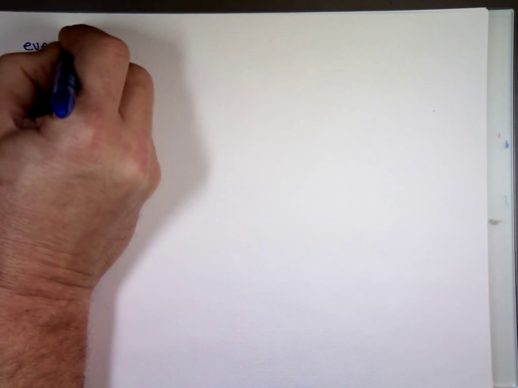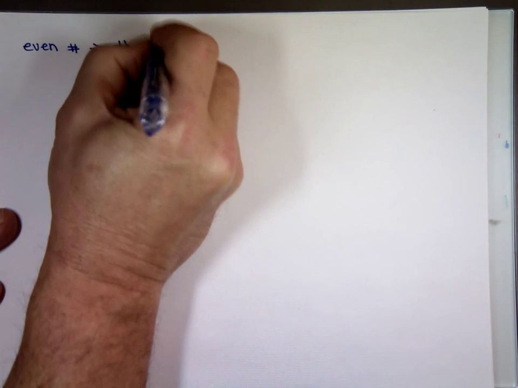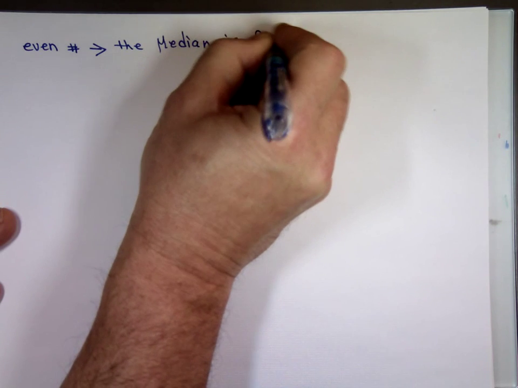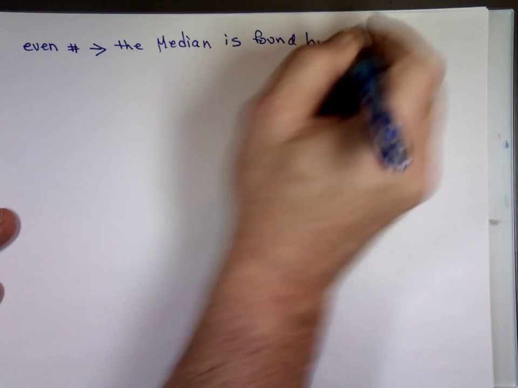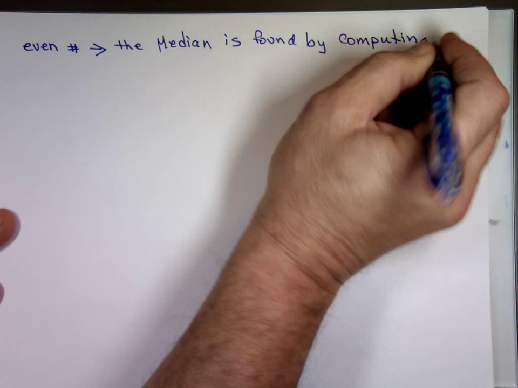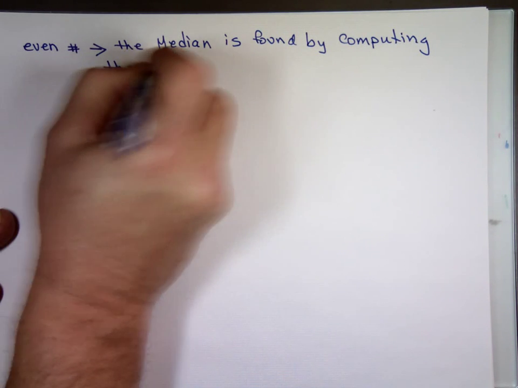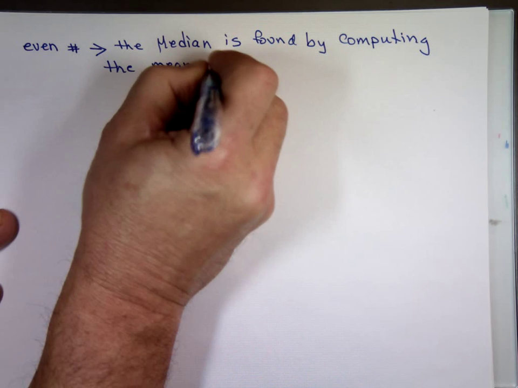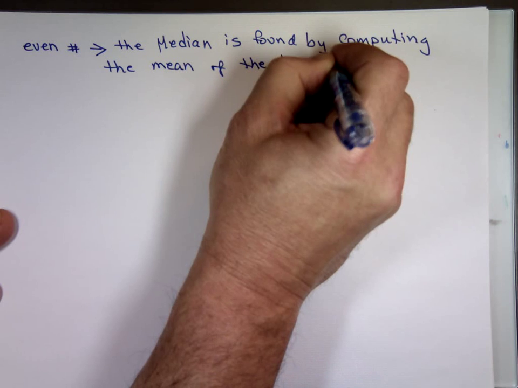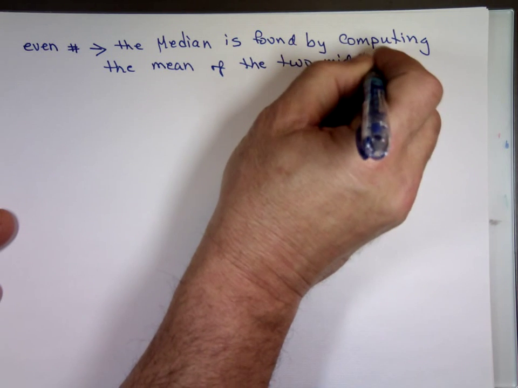When you have an even number of values, the median is found by computing the mean of the two middle numbers.